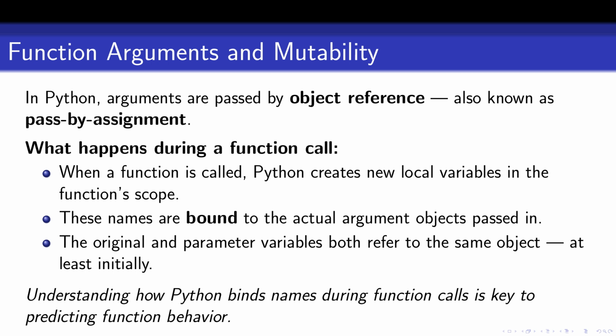If the object is mutable, such as a list or dictionary, changes made inside the function will affect the original outside the function. But if the object is immutable, like a string or an integer, the behavior is different. Any operation that seems to change the value actually creates a new object in memory. Understanding this difference is essential for predicting whether a function call will produce side effects or leave data unchanged.